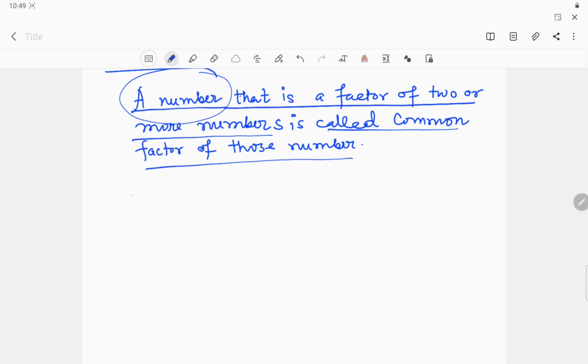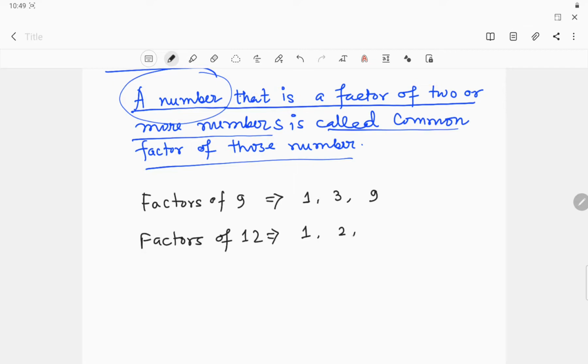Now I am interested in how to find the common factors. Let us take an example: factors of 9 and factors of 12. Factors of 9 are 1, 3 and 9. Factors of 12 are 1, 2, 3, 4, 6 and 12.